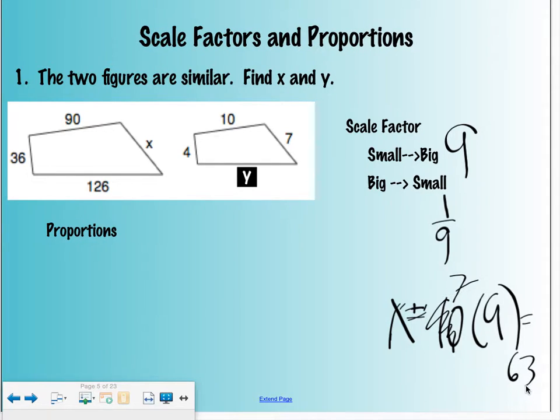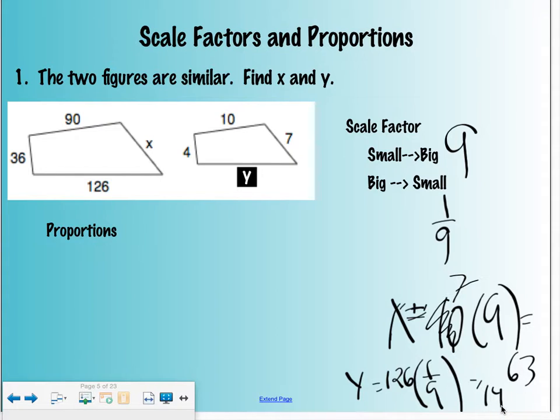And then for Y, we would do what? Can somebody tell me how we would find Y using the scale factor? Ishi. You divide 126 by 9. When we're talking about in relation to scale factors, we just say multiply by 1/9. And that gives us 14.